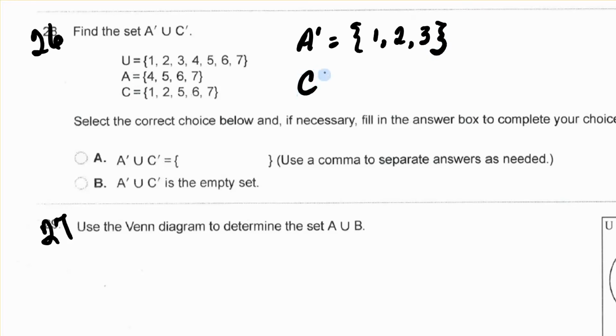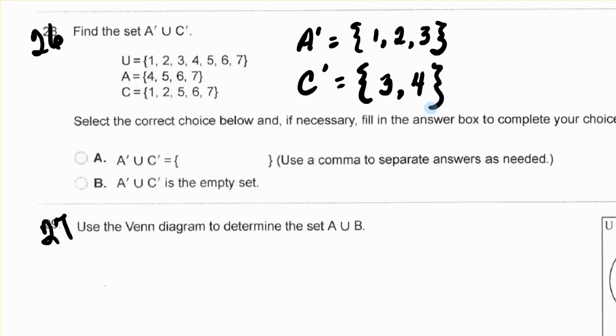C complement, everything in the universe that's not in C. So I can't use 1, I can't use 2, but I can use, there's a 3 up here, there's a 4 up here, and then 5, 6, 7 is already in C. So those are my complements.